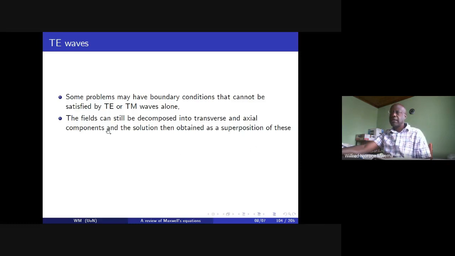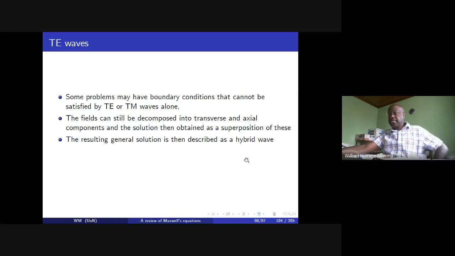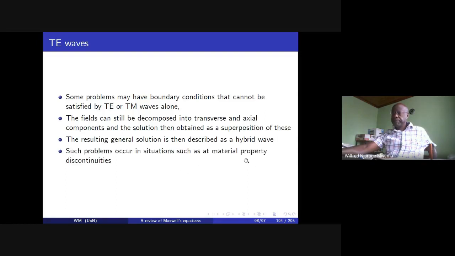So this reduced form of the derivation is very important in our analysis. The resulting general solution will be described as a hybrid wave. Okay, it has both characteristics of TE and TM. And this will always occur where we have the material having properties that are discontinuous.